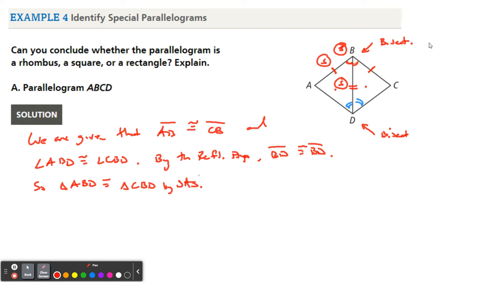So now all of its corresponding parts are congruent, and those two angles here at D are corresponding parts. Angle ADB will be congruent to angle CDB by CPCTC.